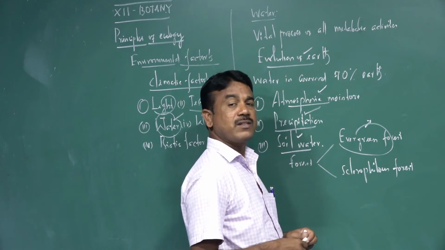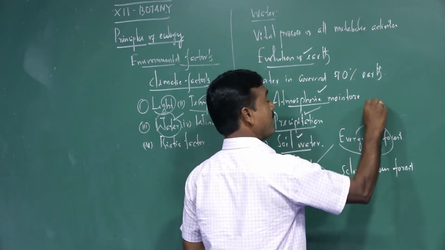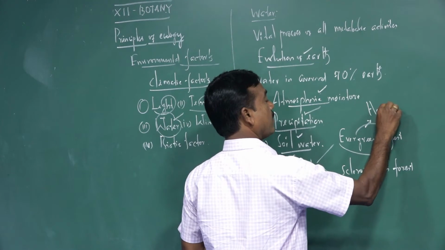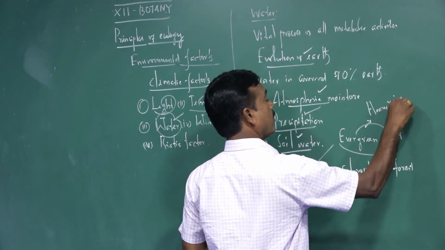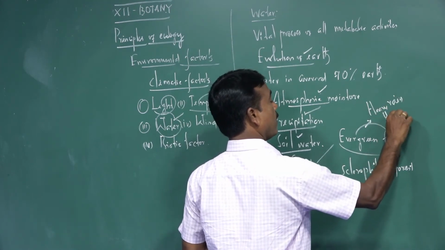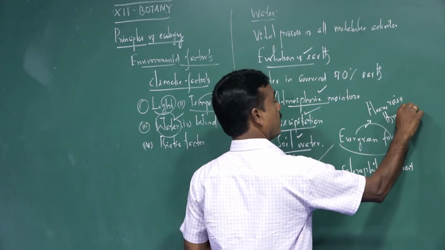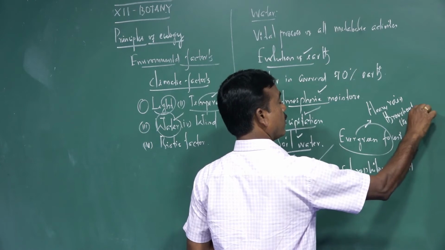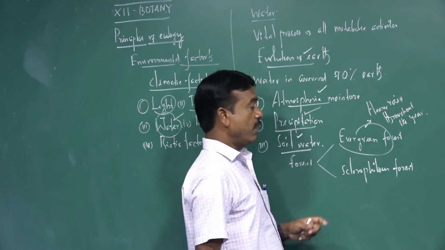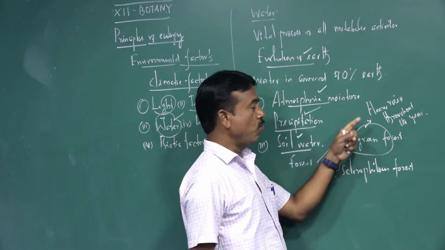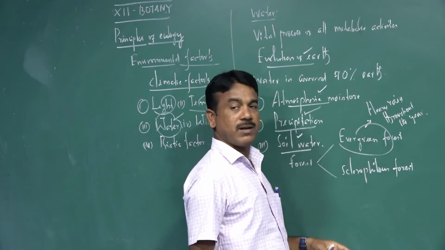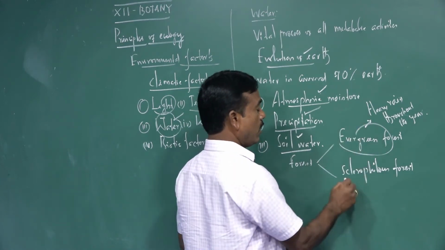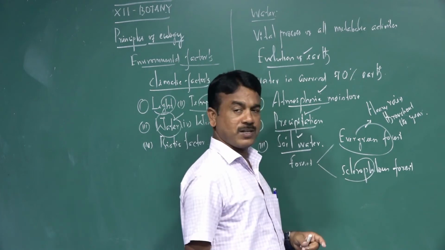Evergreen forest is found where heavy rains occur throughout the year. What is the other one called? Sclerophyllous forest.